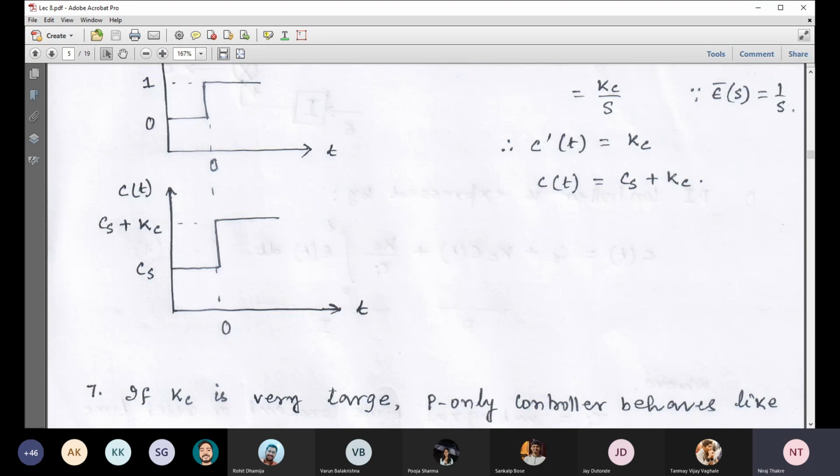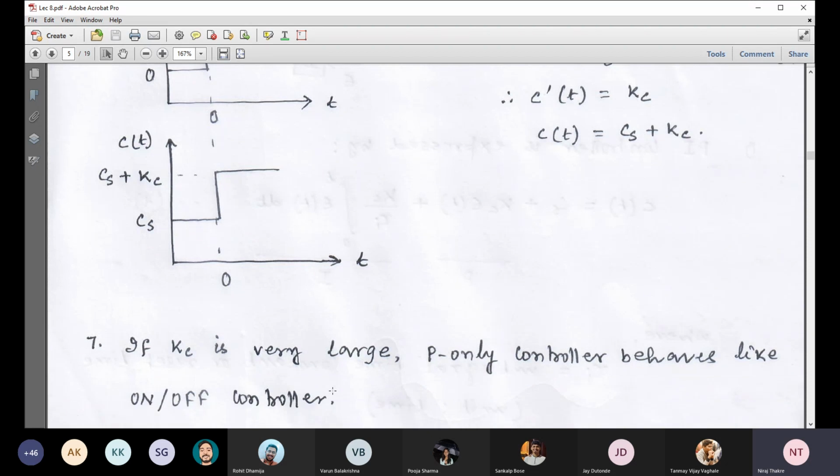Any answer? If Kc is very, very large, P-only controller behaves like. Okay, answer is this one. On-off controller. Fine. If Kc is very, very large, proportional controller behaves like on-off controller.